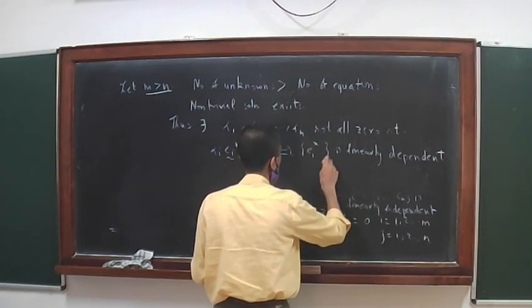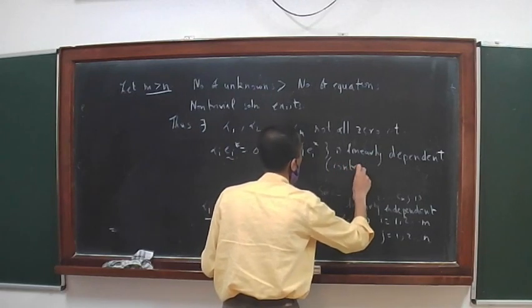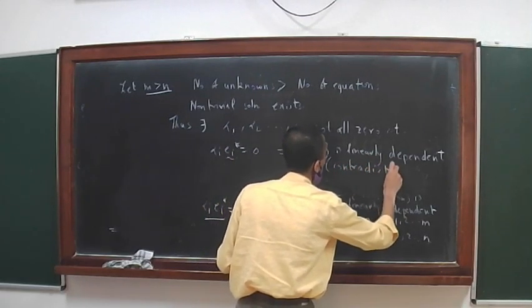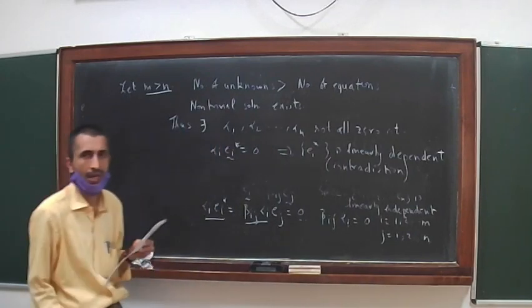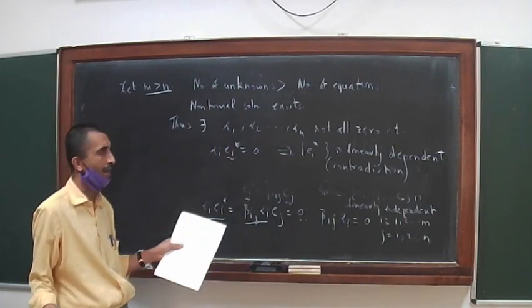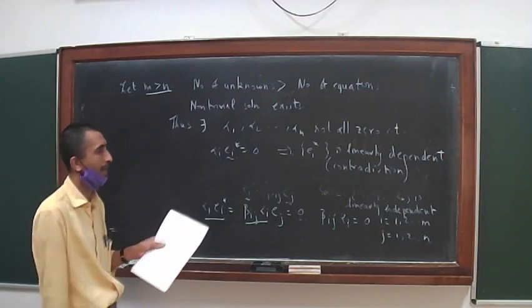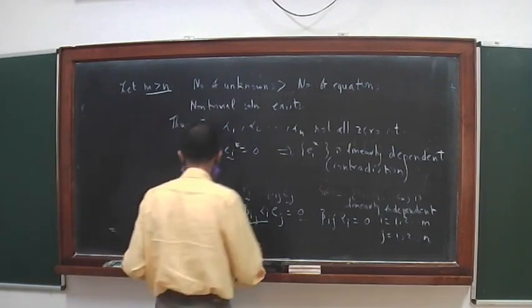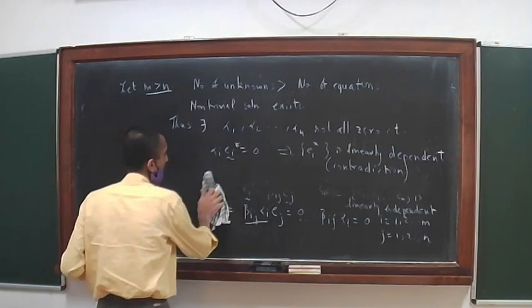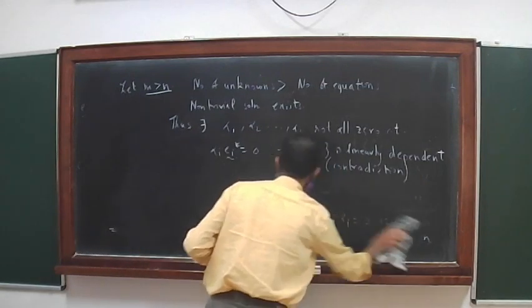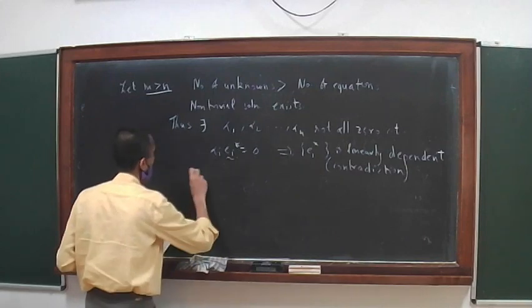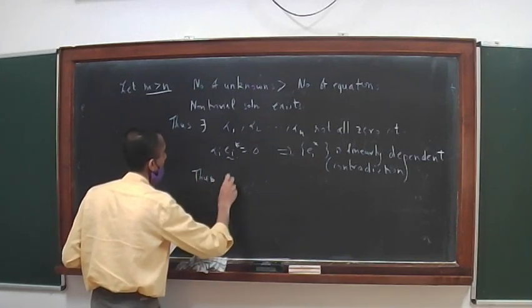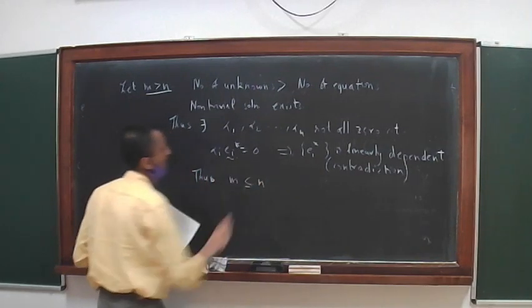So this is a contradiction, since, as I said, Ei star is a basis, so by definition it has to be linearly independent. It cannot be linearly dependent. That's the contradiction that I reached. Hence, I will just state the conclusion: m has to be less than or equal to n.